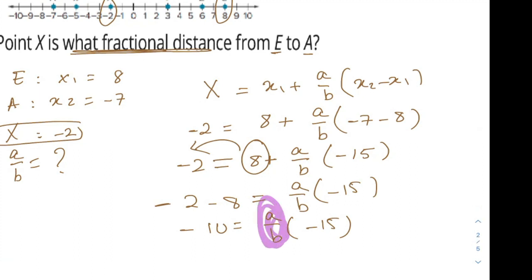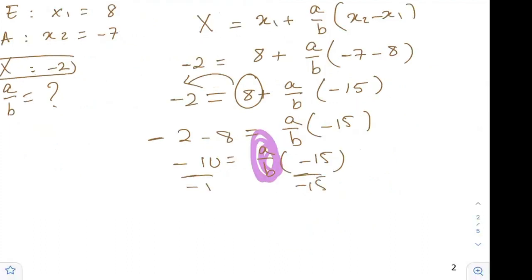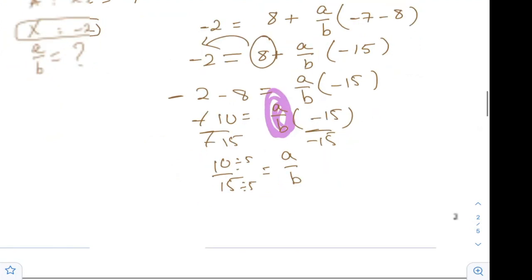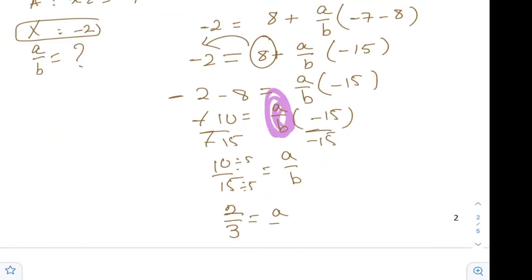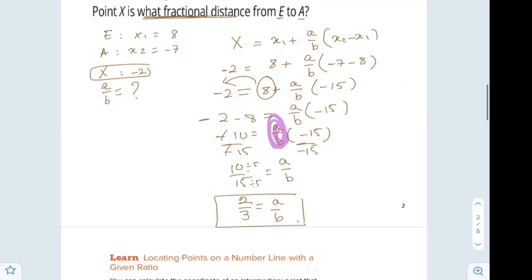So we will divide both sides by the -15. So my A over B will be negative over negative again. 10 over 15, you can simplify. It will be 2 over 3. So our fractional distance is A over B, which is 2 over 3. This is a nice question.